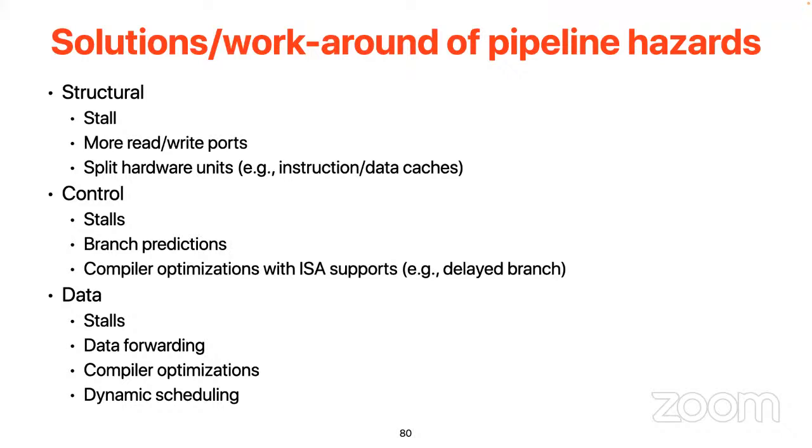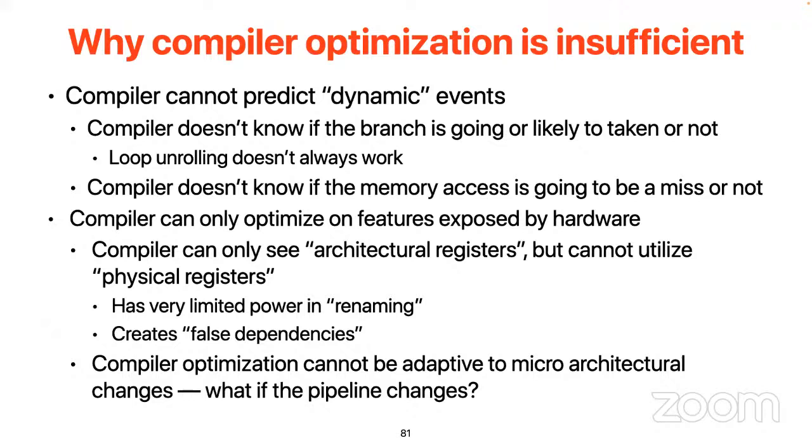So right now we have learned quite a lot. To solve the pipeline hazard, we have learned structural hazard, control hazard, data hazards, stalls, data forwarding, compiler optimizations, and dynamic scheduling. They could all help. However, compiler optimization is pretty limited because the compiler cannot predict the future. So loop unrolling doesn't always work if we don't know how many times we are going to execute the branch.